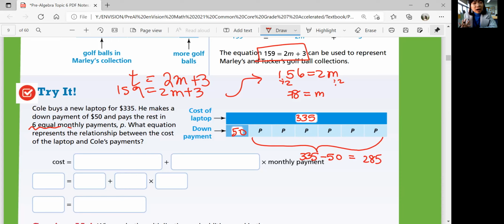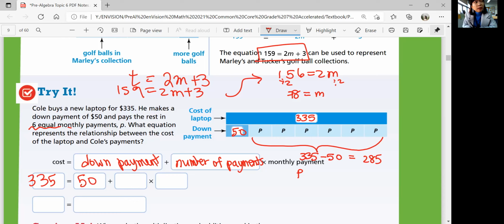Let's practice how to write equations, okay? Cost is the down payment plus the number of payments times the monthly payment, which is going to be the P. So cost is $335, down payment, he already paid $50, and the number of payments would be 6 months, right? 6 equal months.